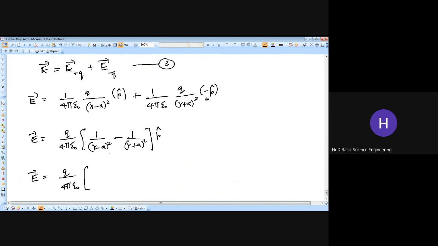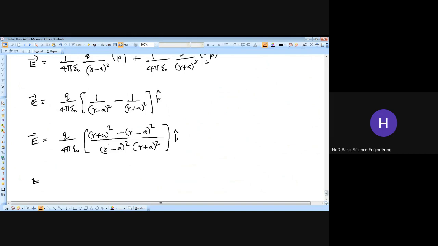Just simplify inside the bracket. If you take the LCM, it will be (R minus A) whole square into (R plus A) whole square, and cross multiplying, (R plus A) whole square minus (R minus A) whole square, into P cap.